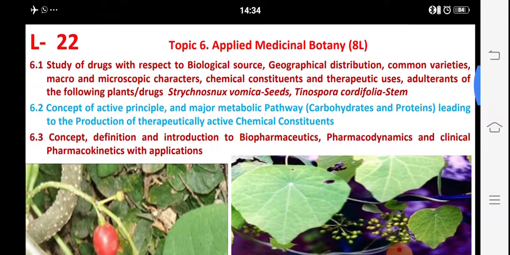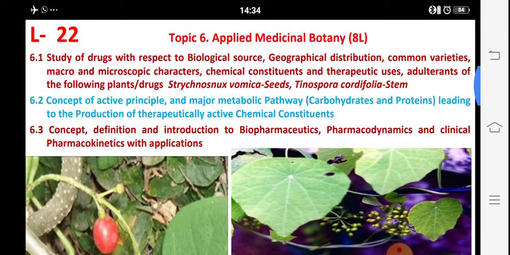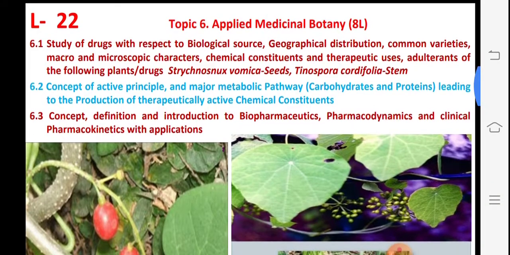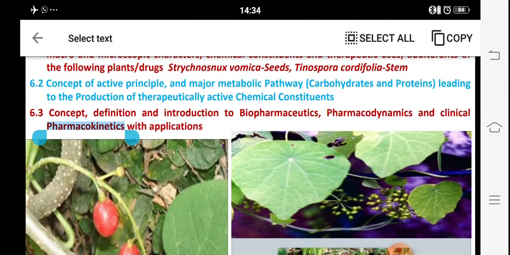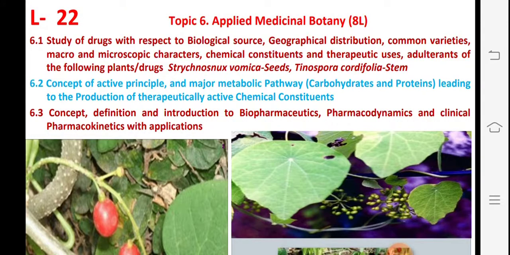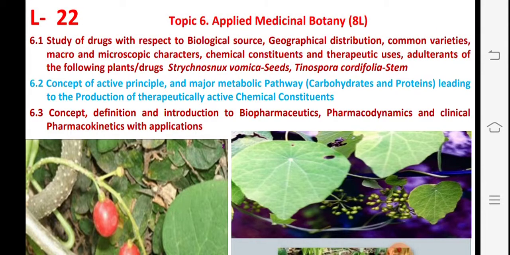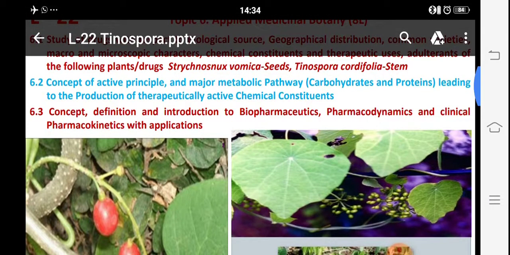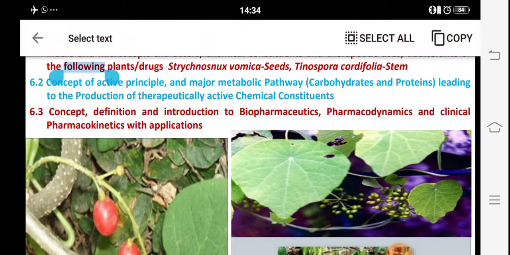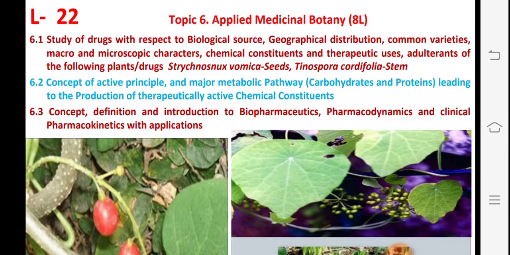Then the second point here is the drugs with respect to biological source, geographical distribution, common varieties, then macro and microscopic characteristics, chemical constituents, therapeutic uses, and one additional part, adulterants of the drugs. The first one is Strychnos nux-vomica and the second one is Tinospora cordifolia. So we will see them one by one.